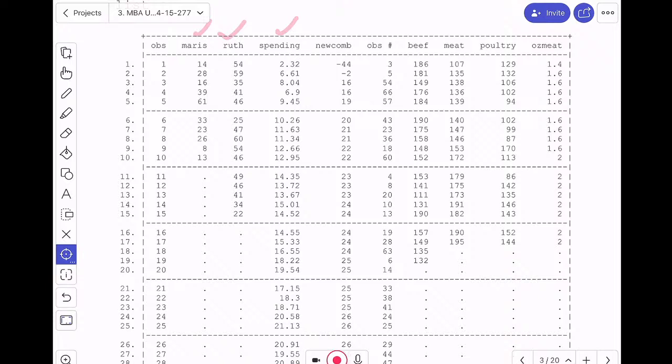Newcomb's data collection was used to estimate the speed of light, and this was done in a very particular way using distance and flashing a light from one place to another and recording at the other place the time that the light was shone. So at both ends, the time was recorded, and then the difference in time was used with the distance to estimate the speed of light.